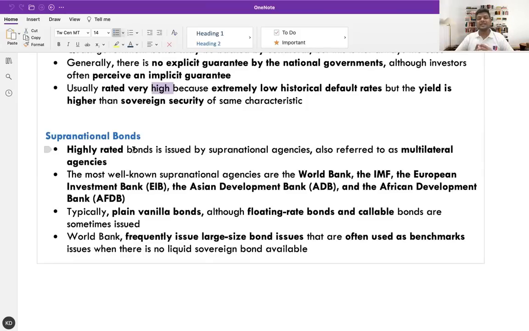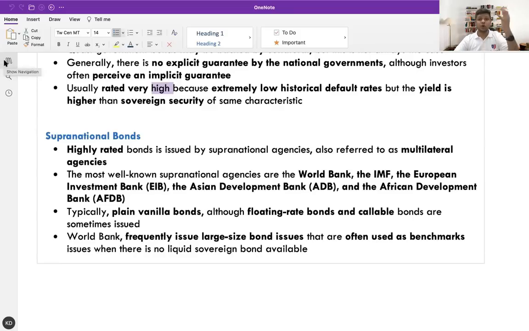So not all sovereign bonds have the best credit ratings. But supranational bonds will always have the highest credit rating because they are never going to default. They are always contributed by the member nations, so they will never default. So technically, they both may enjoy the same rating, but sovereign bond depends on the country. Supranational bonds don't depend on a country.